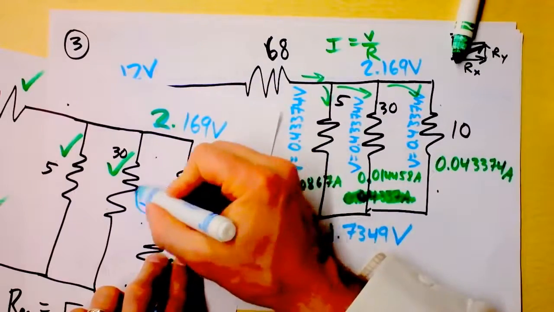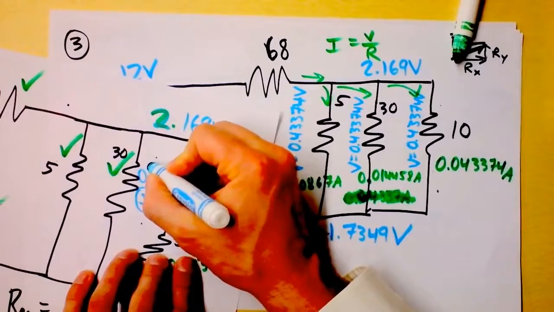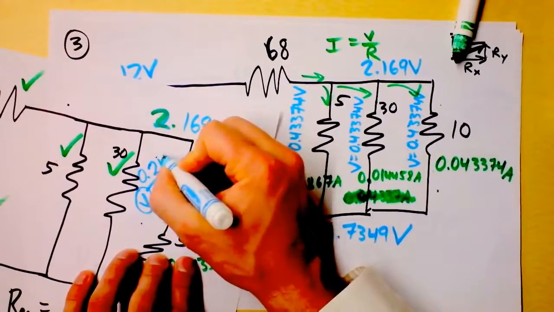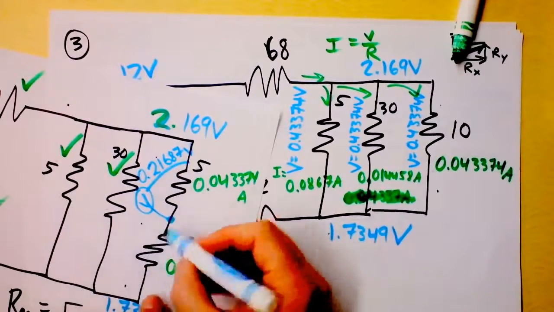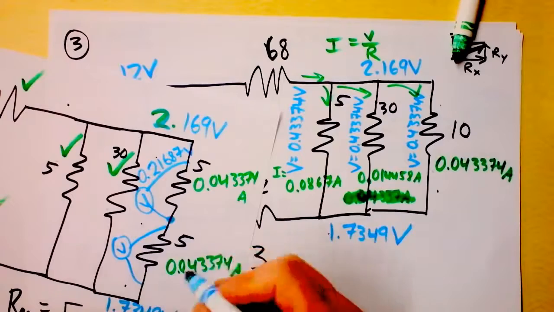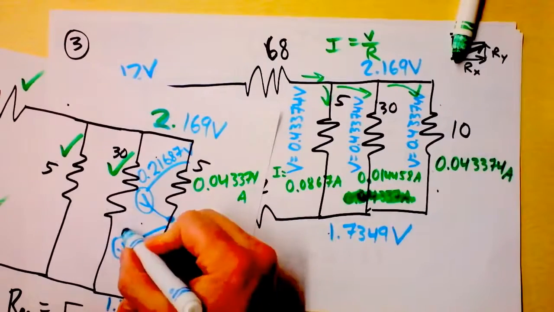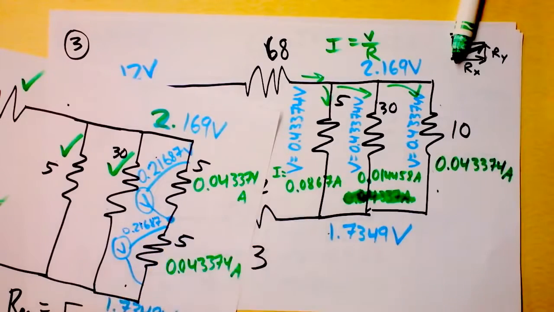The voltage drop across this resistor is 0.21687 volts. That means, I'm going to do the same math to get this other one, and I find the voltage drop from there to there to also be 0.21687 volts.